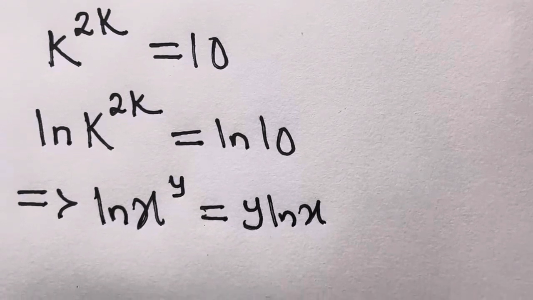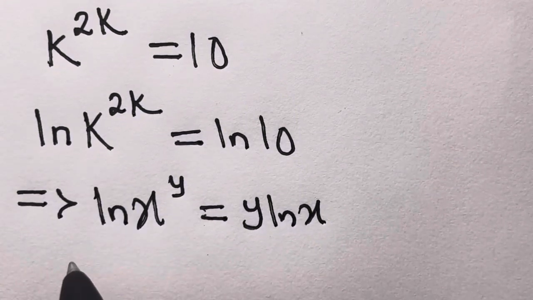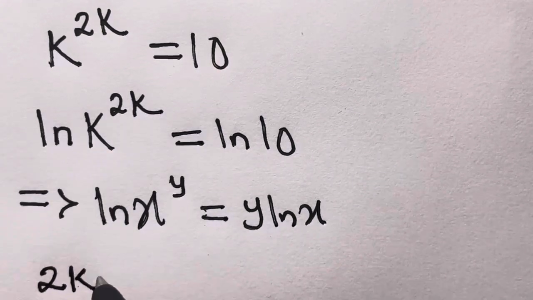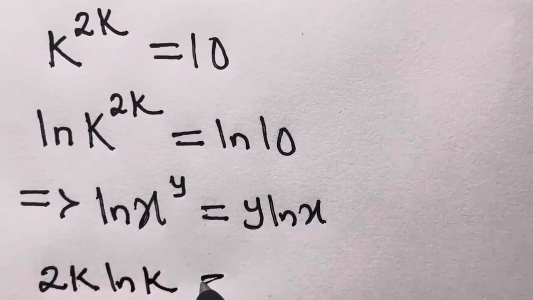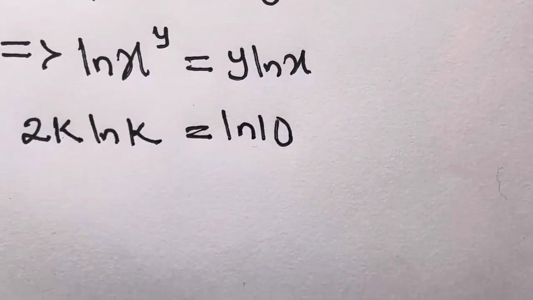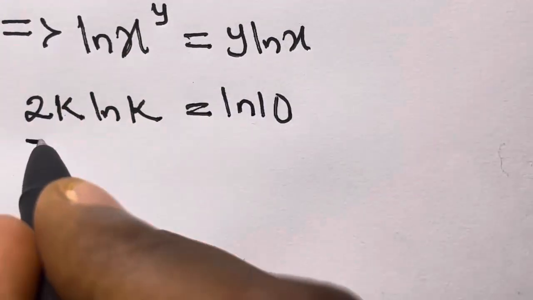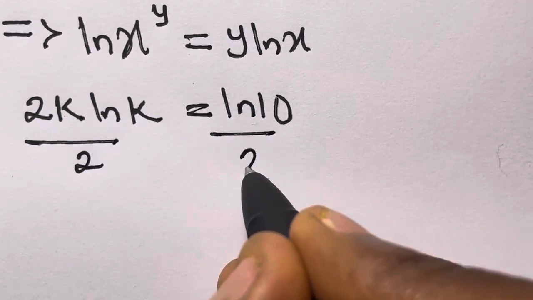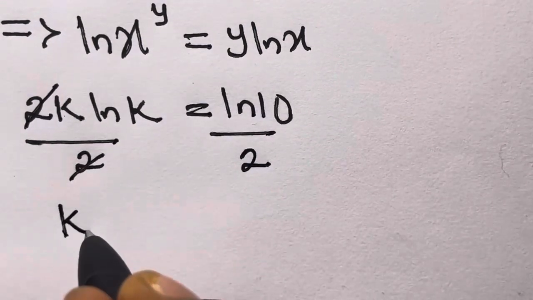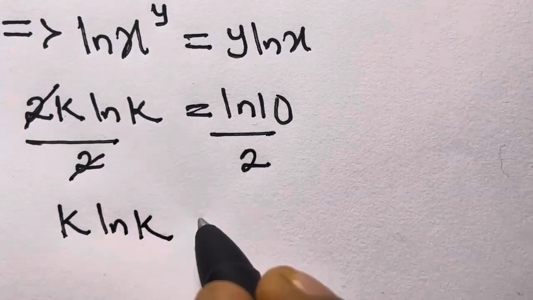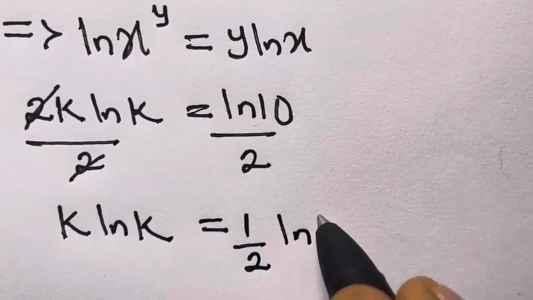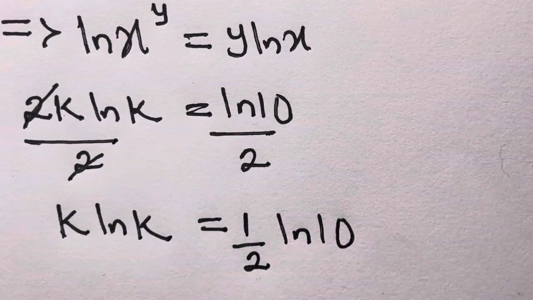Applying this to the above, 2k will come forward, so we have 2k ln k equals ln 10. From here, if we divide both sides by 2, we have k ln k equals 1 divided by 2 ln 10.